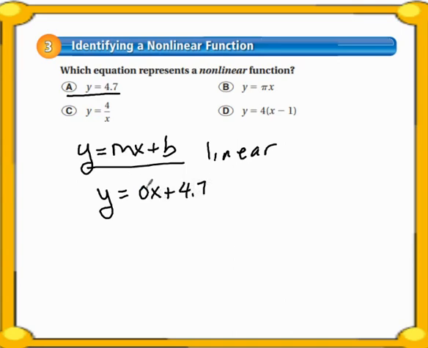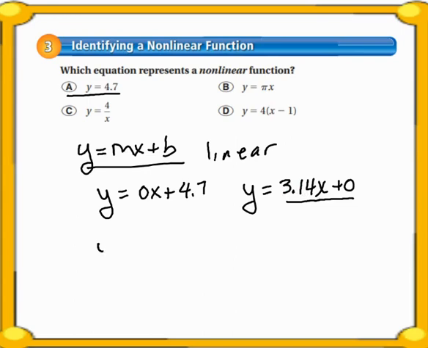This one is in the form of mx plus b. There just doesn't happen to be an x in it. For part B, we have y equals 3.14x plus 0. This one is also in the mx plus b format. There just doesn't happen to be a b on the end of it, and the m is pi.